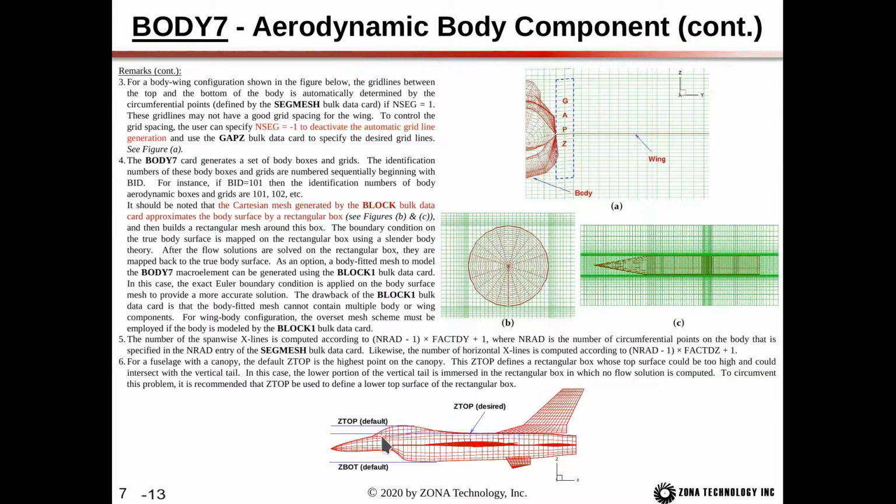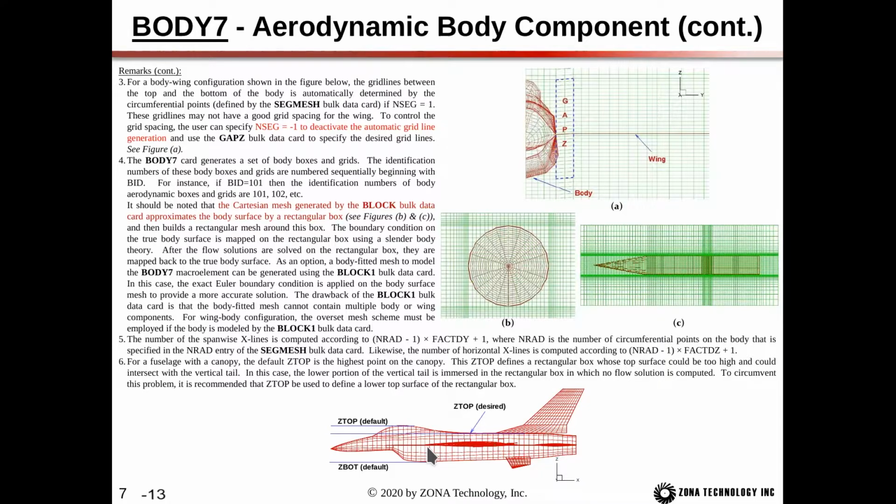Next, we'll look at the Z top and Z bottom. Normally, if Z top and Z bot are blank, then ZEUS will take the top and bottom of your body here and use those as the body box boundary. Now, if you have a vertical tail, as shown in this F16 model, we do not want these C-AERO7 panels embedded inside the body box, because inside the body box there is no flow solution.